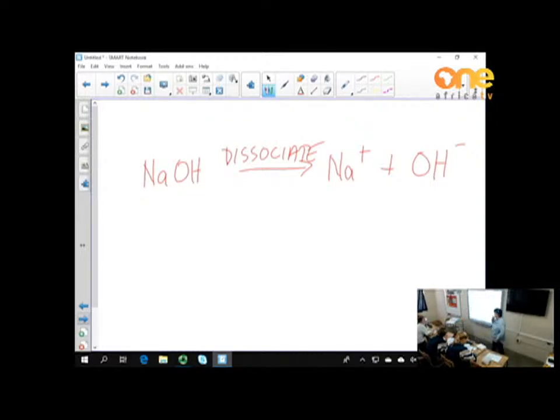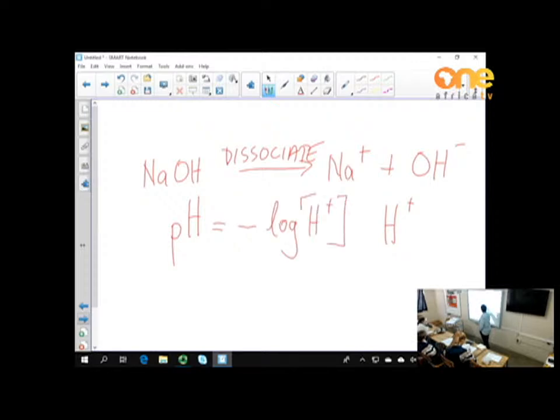Okay, now, back to pH. When I write pH, I write it like that, because it's got something to do with the proton. All right. The formula to calculate pH is minus the log of the hydrogen ion concentration. All right?